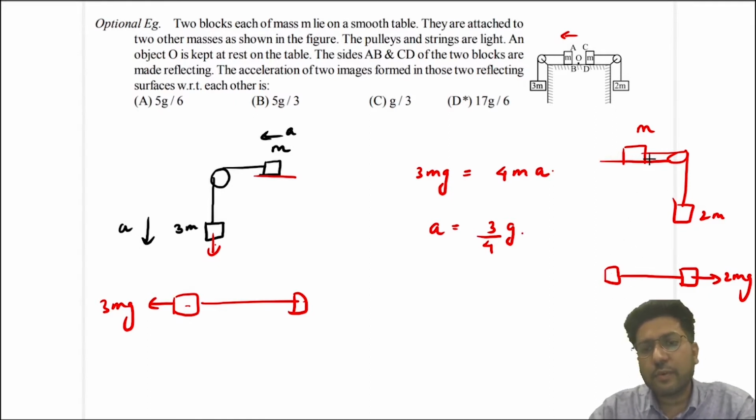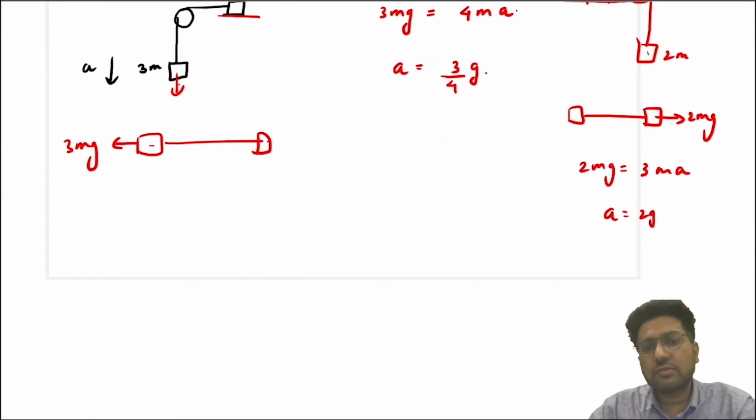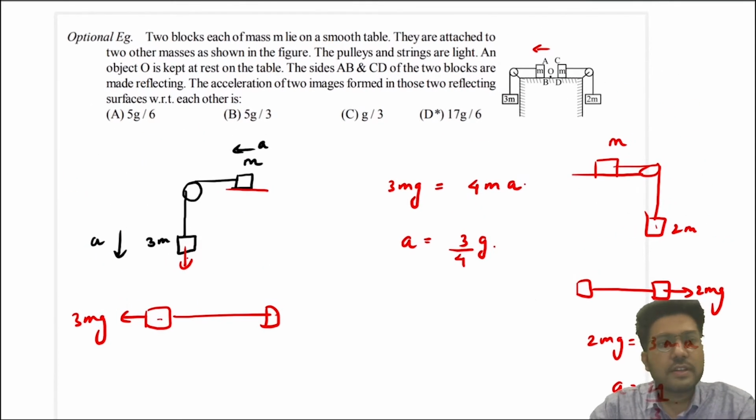So the net force on this two particle system is 2mg and this has to be equal to 3m into A, right? Because net mass is 2m plus m, that is 3m. Net force is equal to net mass into acceleration. This is Newton's second law. So from here you will get the acceleration as 2g by 3. So the acceleration of C is 2g by 3 and this is 3g by 4 left and this one is right.